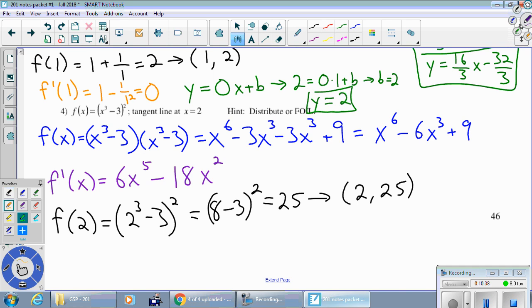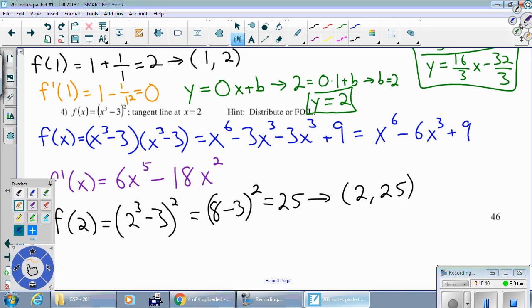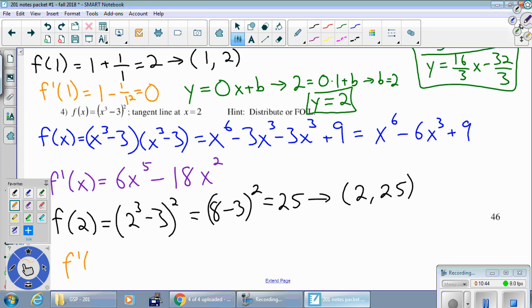Okay, and then we're going to take that same x equals 2 and plug it into the derivative. So f prime of 2 equals, okay, so my derivative, the one I'm looking at, is this purple thing right here. 6 times 2 to the 5th minus 18 times 2 squared.